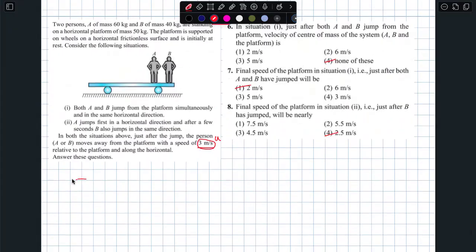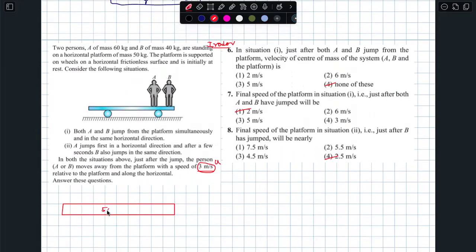In the first case, I will assume you have a plank whose mass is 50 kg and whose person mass is 60 plus 40, 100 kg.